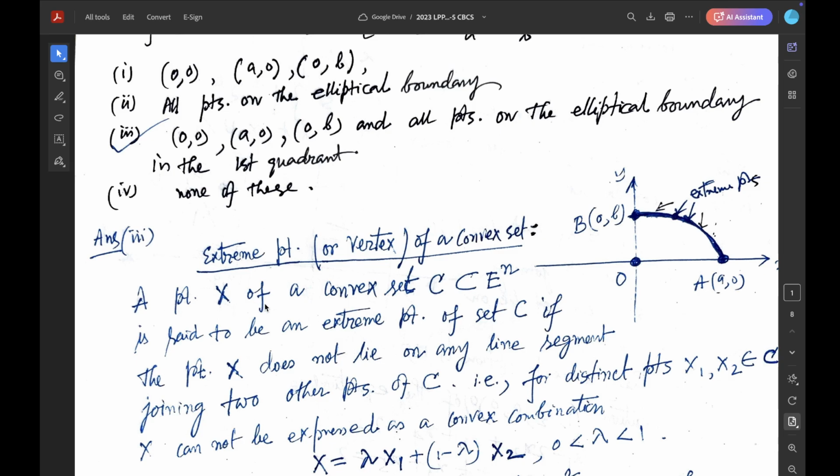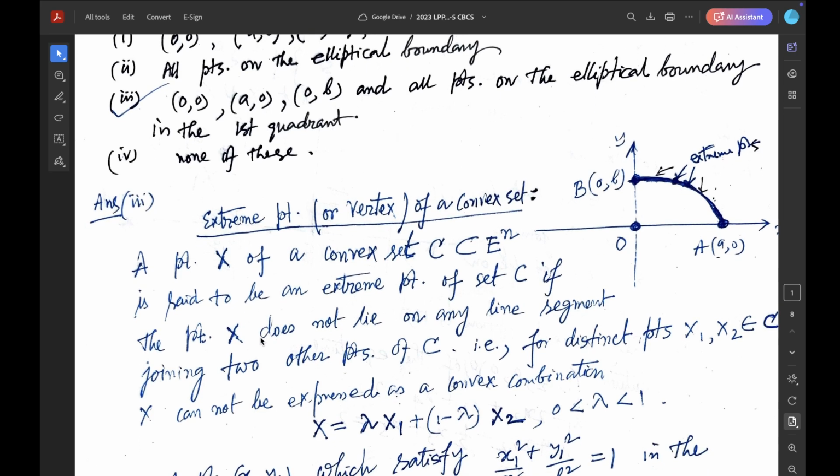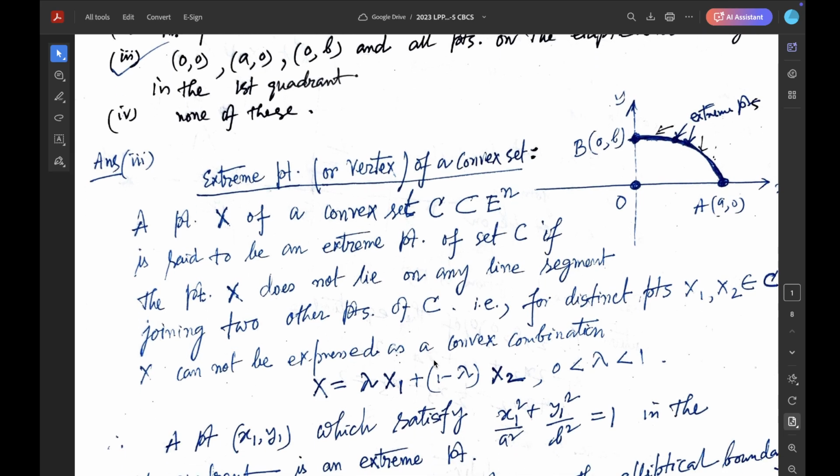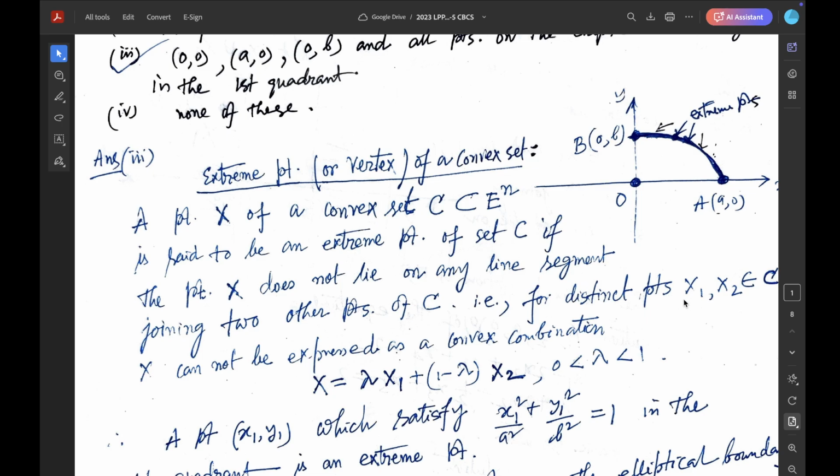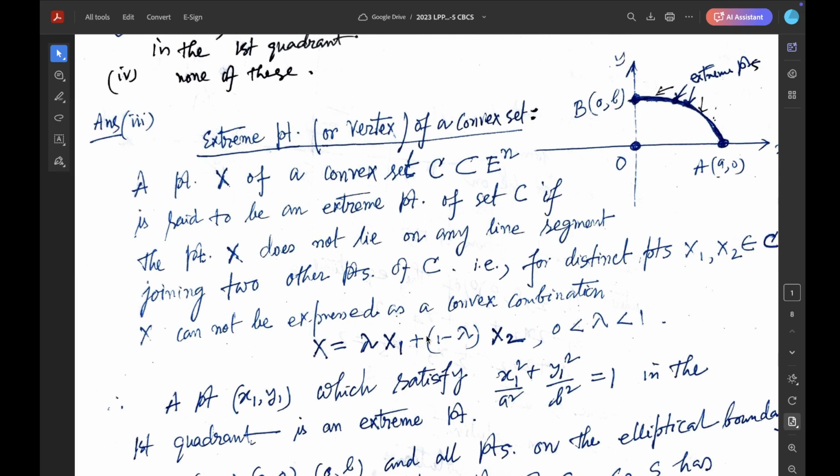a point X of a convex set C, a subset of n-dimensional Euclidean space, is said to be an extreme point of the set C if the point X does not lie on any line segment joining two other points of C. That is, for distinct points x1 and x2 belonging to C, X cannot be expressed as a linear combination of these, that is X equal to lambda x1 plus (1 minus lambda) x2, 0 less than lambda less than 1.